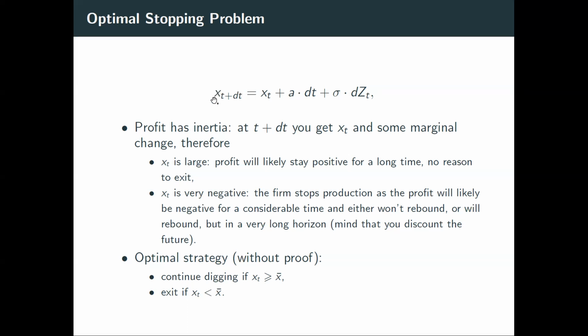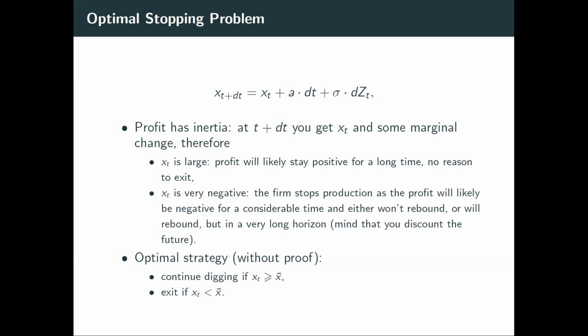And as we discussed, what is important is that your profit doesn't change too much, right? So in the very next instant, it will be approximately the same as it was before. And therefore, in some small amount of time you won't be too far from the point where you started. And therefore, it suggests what the optimal strategy looks like.